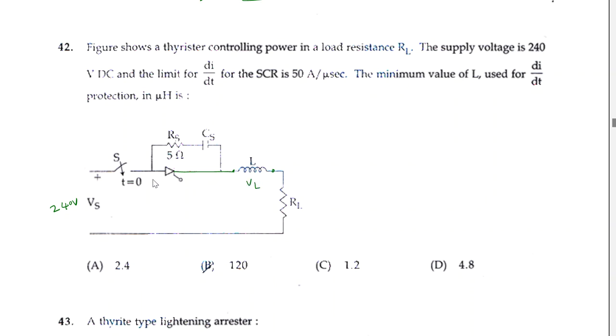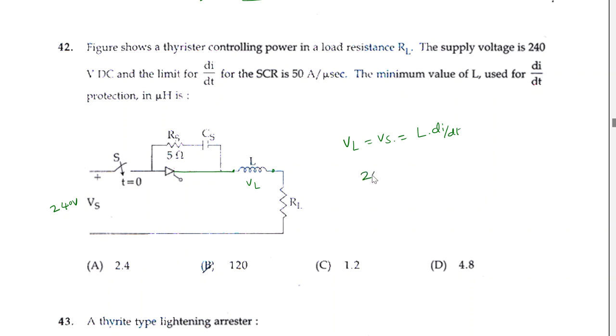So VL. When the SCR is in conduction, the entire voltage will appear across this inductive and resistive load. Assuming that the voltage VL is nothing but VS, VL is equal to VS, and this will be equal to L into di by dt. The entire voltage is appearing across this inductor.